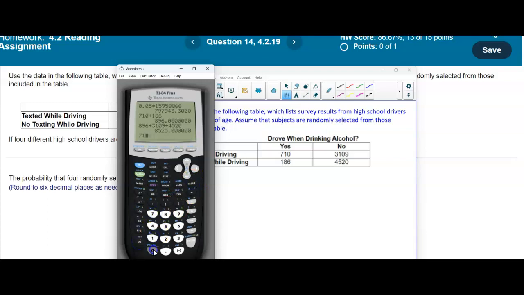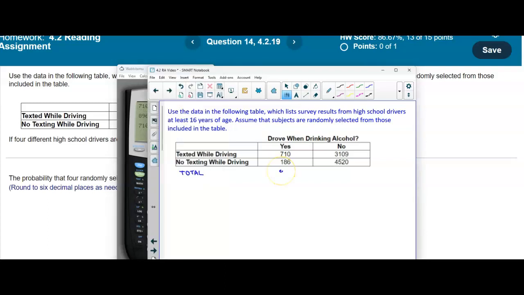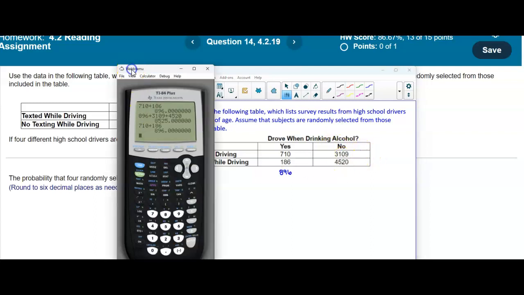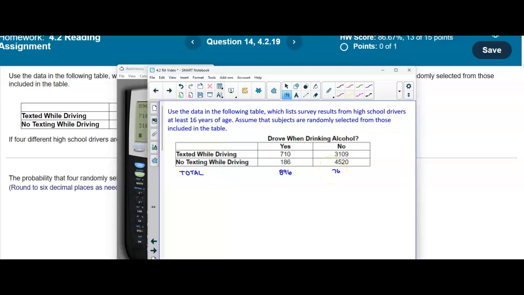If we take 710, add 186, that gives us 896. Okay, what's the total for the no column? We have 3109 plus 4520, and that gives us 7629. Okay, let's find the total of the rows.